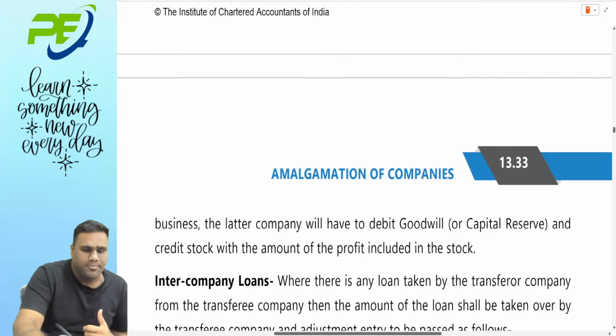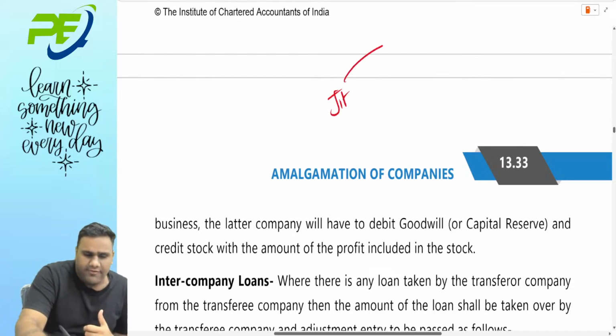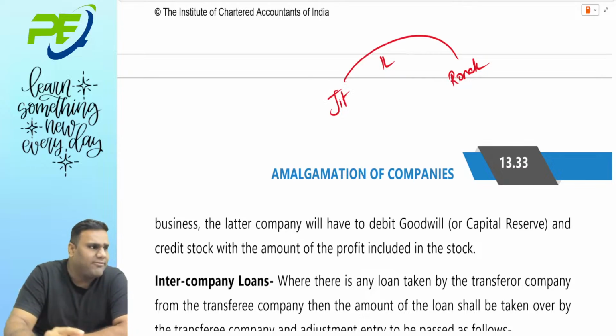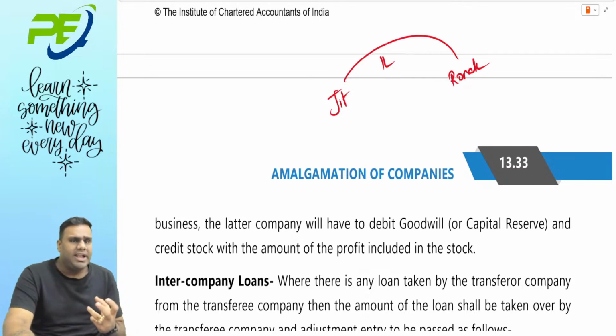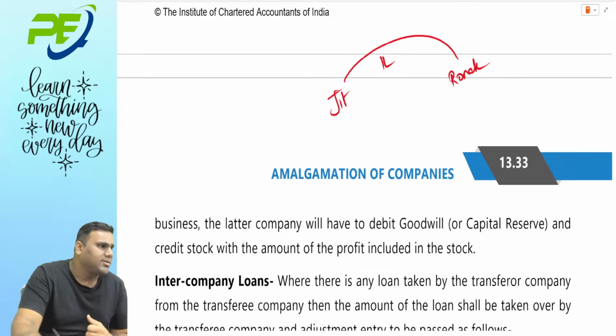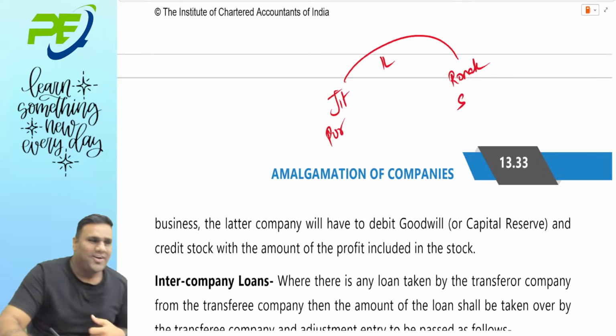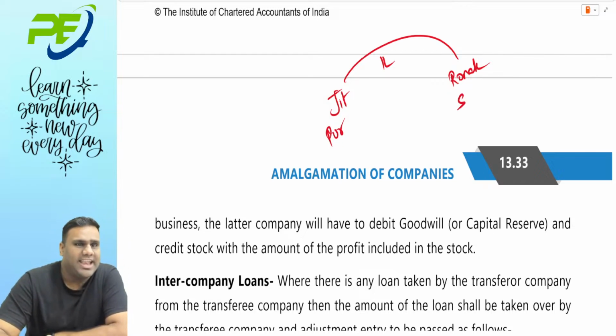Let's say, for example, Jitender, I have sold goods to Ronak worth 1 lakh on credit, 1 month credit. Before the credit period gets over, I acquired Ronak. So I am the purchasing company and Ronak is the selling company.